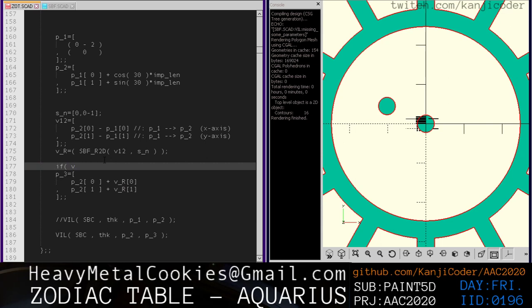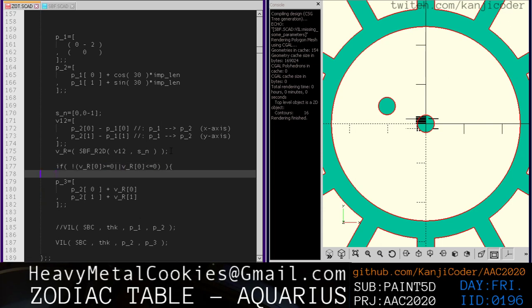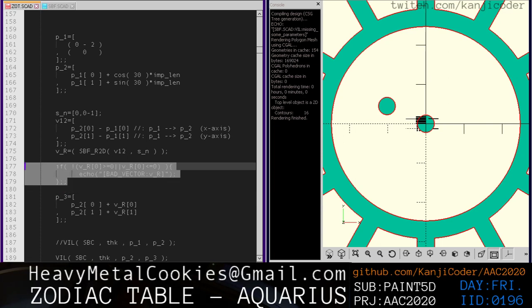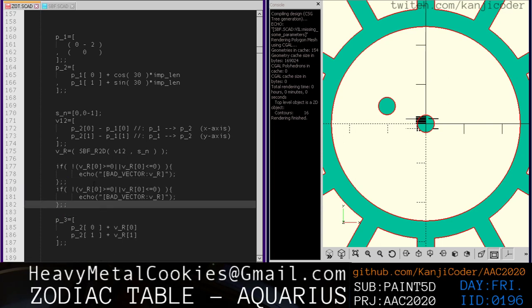So if not VR or VR, echo bad vector VR. Okay, so let's just do some hackish error checking here, because we're thinking that our formula is failing us horribly right now.